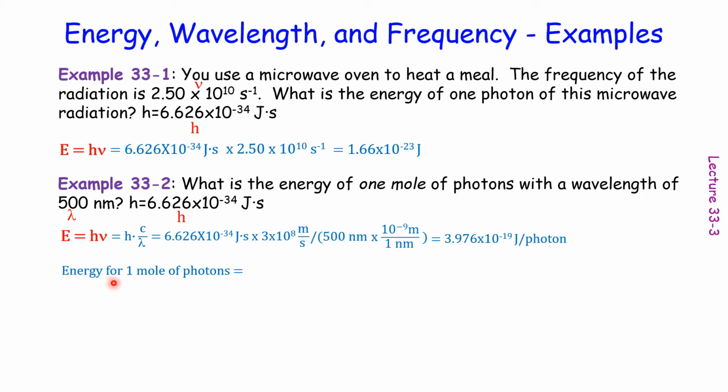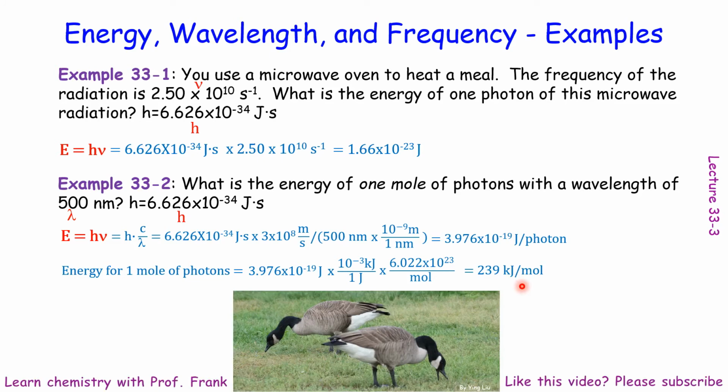Then to find out the energy for 1 mole of photons, we need to apply the Avogadro number. In 1 mole, there are 6.022 times 10 to the 23rd photons. So the energy for 1 mole of photons is 239 kilojoules per mole.